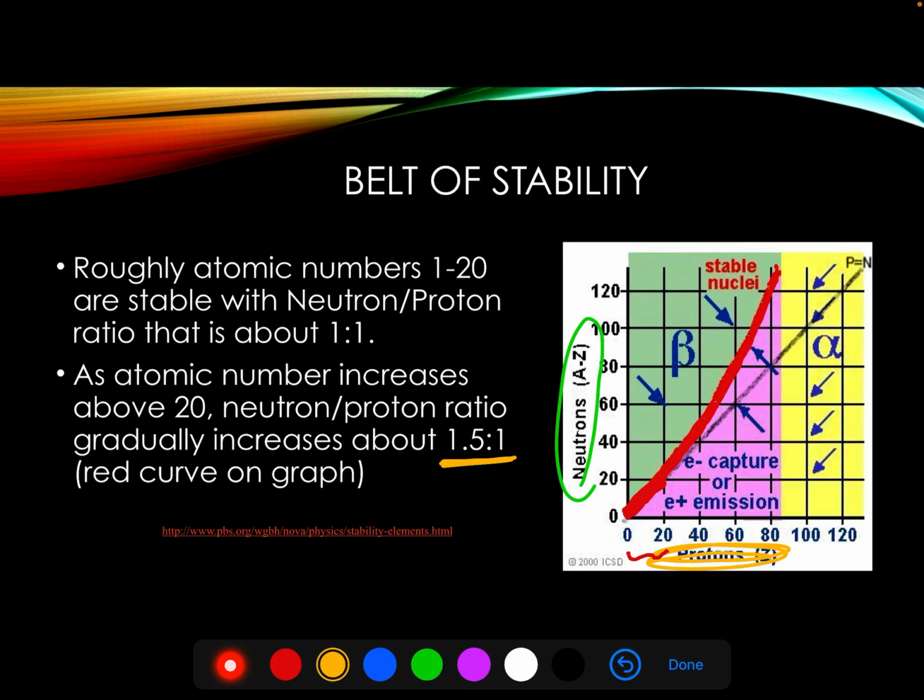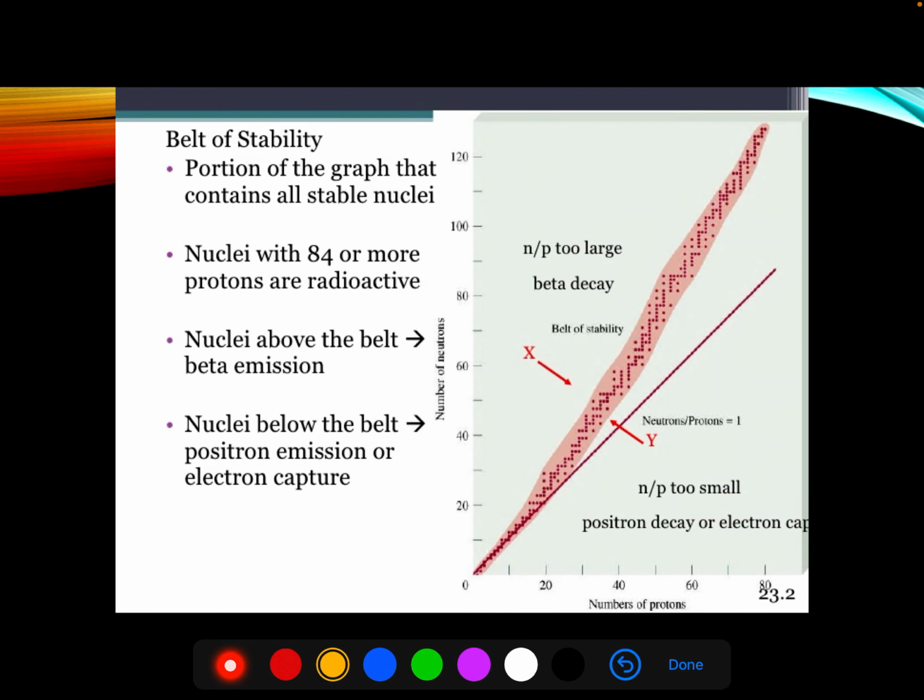So as the atomic number increases, it starts to increase above 20, the neutron-proton ratio starts to get closer to 1.5 to 1. That is the definition of the belt of stability.